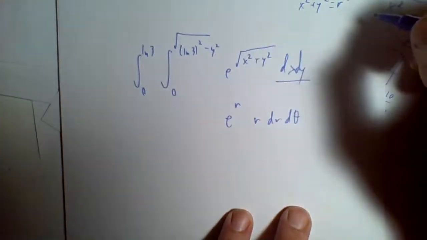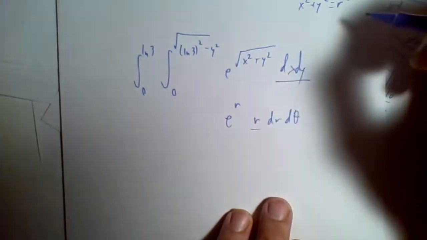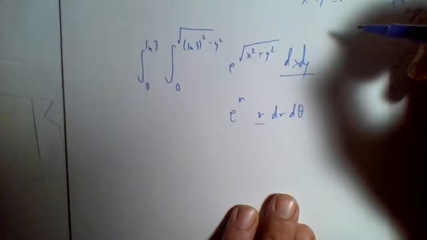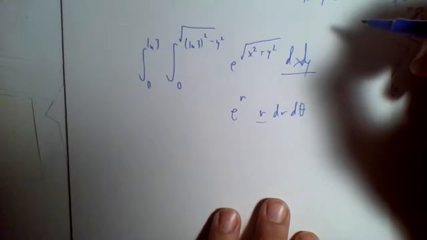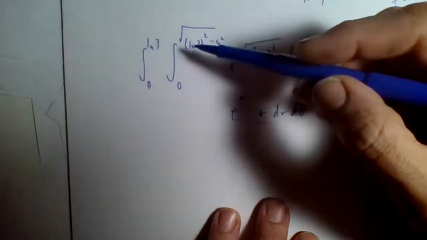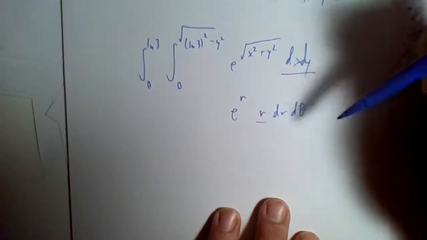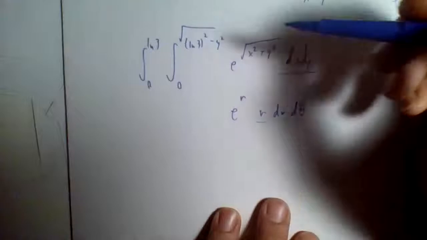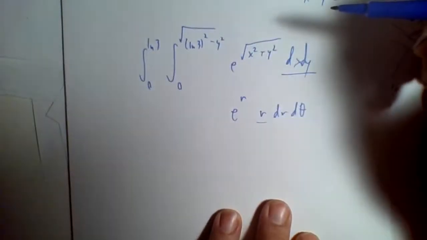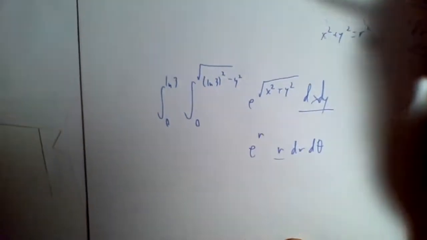That's one of the things that helps this one come out nice, or come out as an interesting antiderivative, but we do have that to worry about now. And then we have to think about what this region looks like to map this out in terms of r and theta instead of x and y. So we have to look back at this sketch, or the conversions and how they fit here.